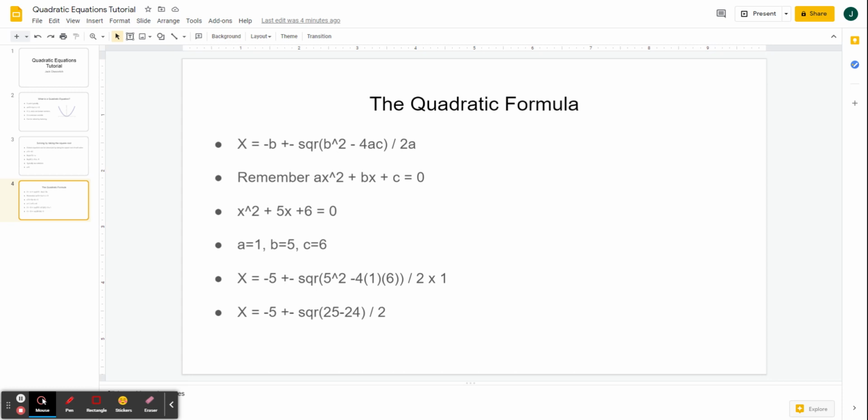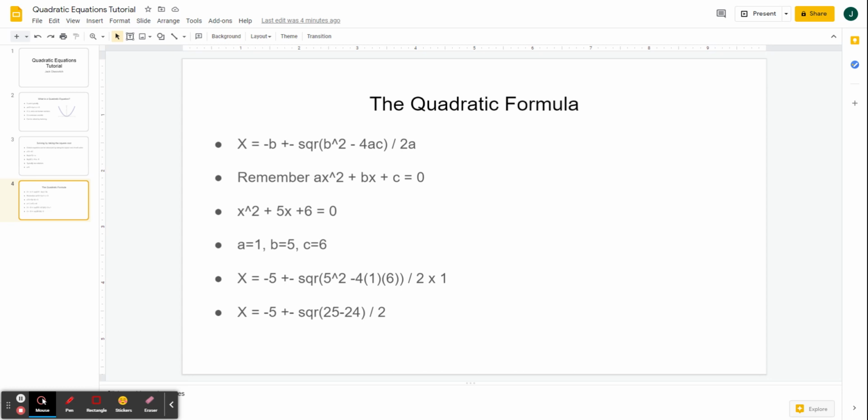The other way to solve for simple quadratics is using the quadratic formula. The quadratic formula is x equals negative b plus or minus the square root of b squared minus 4ac over 2a. The first thing to do when you see this is to remember the quadratic equation, which is just ax squared plus bx plus c equals 0.